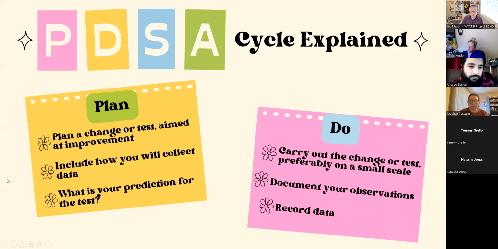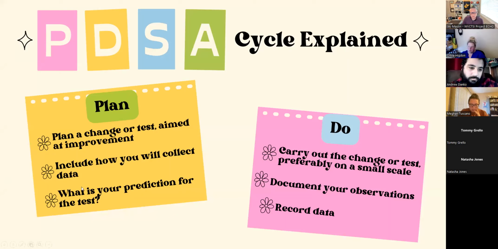So the first two parts, plan and do. Plan, you want to make sure that you're really looking at what you want to change, and kind of plan that out. How you're going to collect data, what do you predict happening? Look at the big picture, how is it going to impact things?